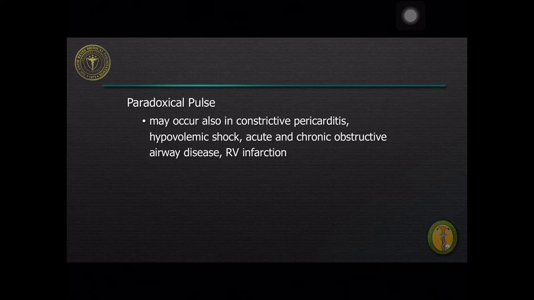Paradoxical pulse may also occur in constrictive pericarditis, hypovolemic shock, acute and chronic airway disease, and right ventricular infarction.